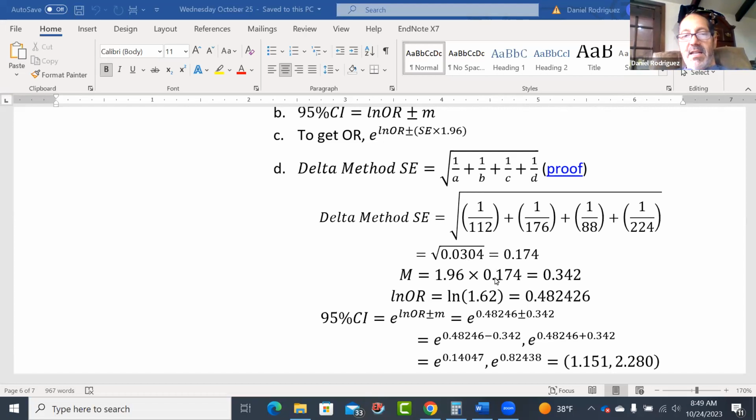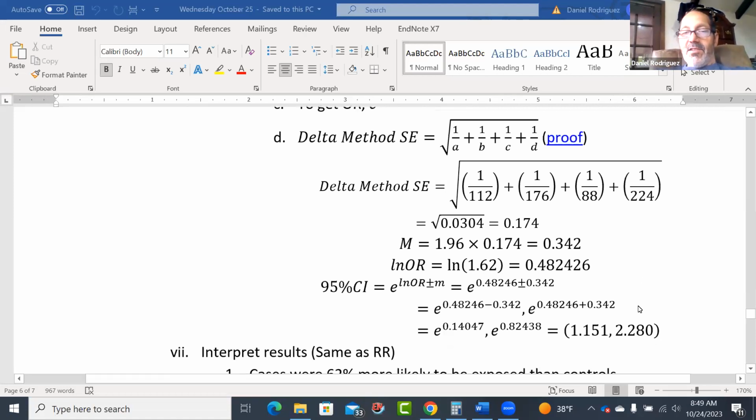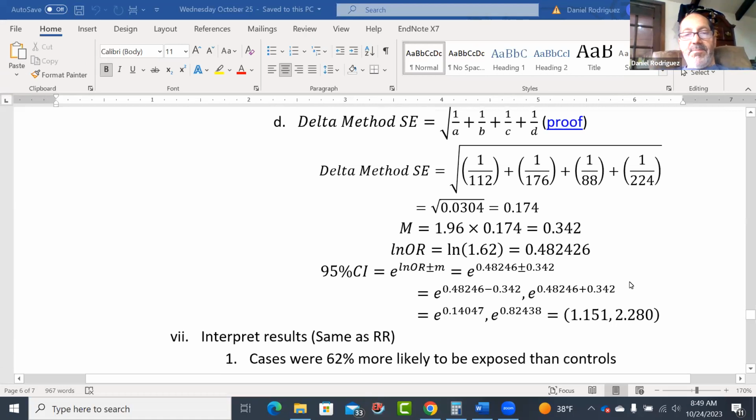So then we use that in calculating the margin of error, and we take the natural log of our odds ratio. The natural log of 1.62 is 0.48. And again, we can't communicate log odds to somebody because that sounds really weird and nobody will know what it means. So we have to exponentiate this to get back to something that we're used to.